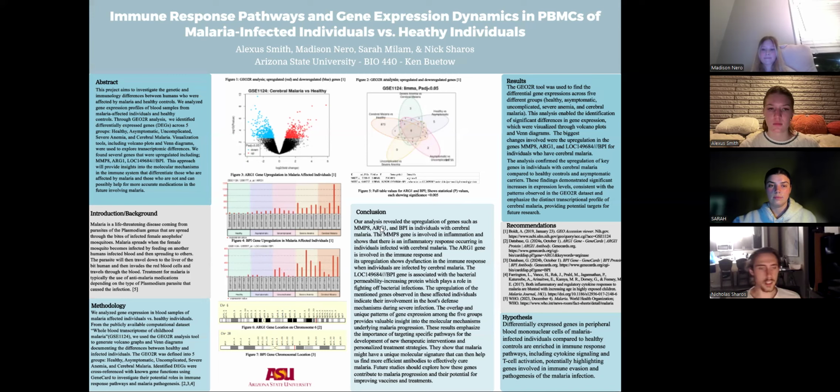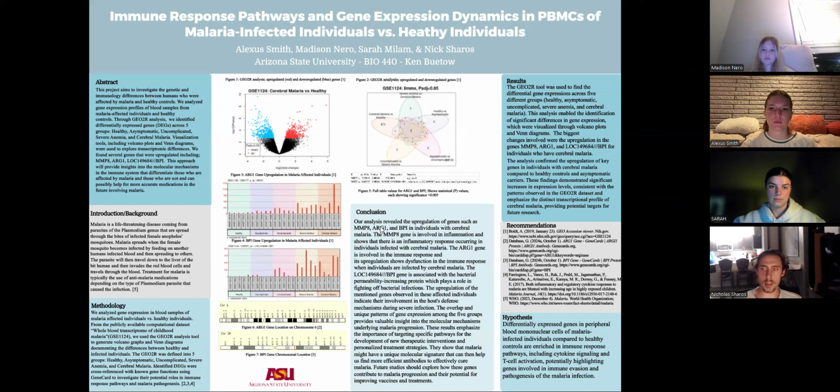For our methodology, we analyzed gene expression in malaria-infected individuals compared to healthy individuals. We pulled this data from a publicly available data set called Whole Blood Transcriptome of Childhood Malaria, GSE1124. Using the GEO2R analysis tool, we identified differences between healthy and infected individuals by creating volcano plots and Venn diagrams.